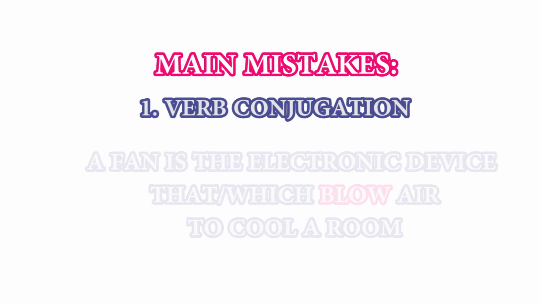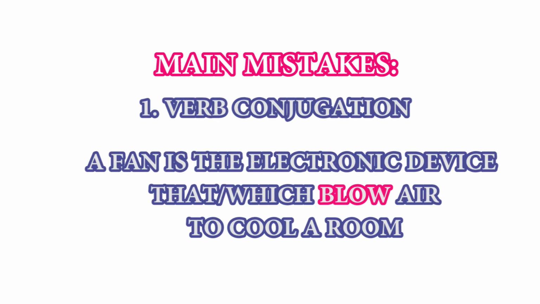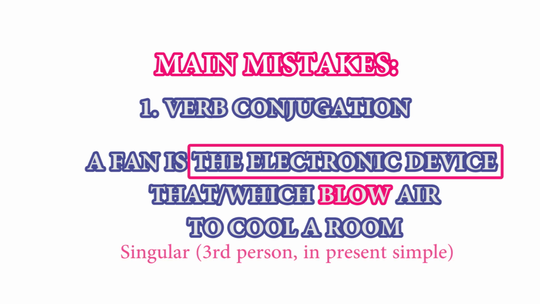Here are some examples of the main mistakes we can make. Number 1, verb conjugation. A fan is the electronic device that or which blow air to cool a room. The mistake is that it is singular. A fan is the electronic device, that is the subject for the relative clause, which blows air to cool a room.